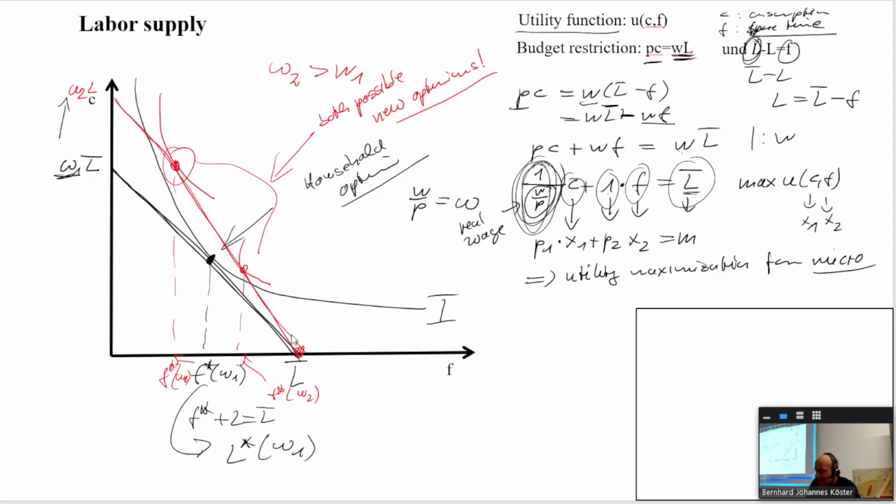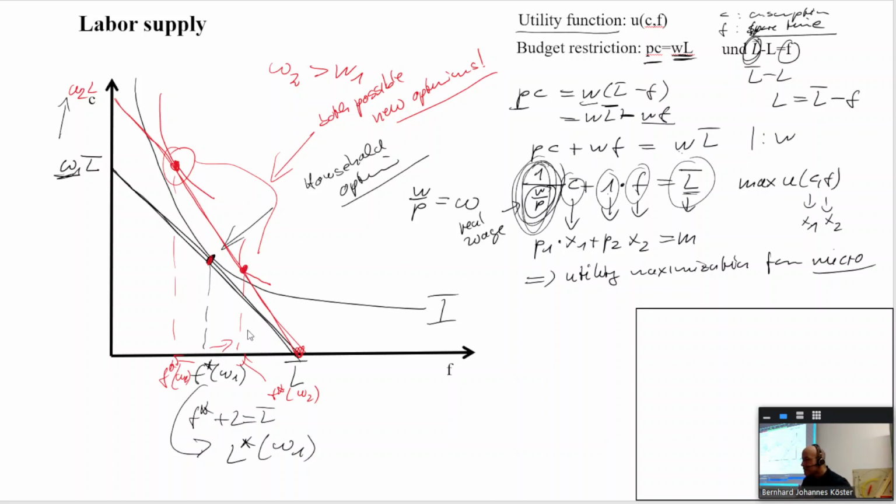Well, and this could then be a point on the right of your starting optimal point, and in general it could be a point on the left. And where it is depends on the utility function, on the preferences in our economy. Well, both is possible.